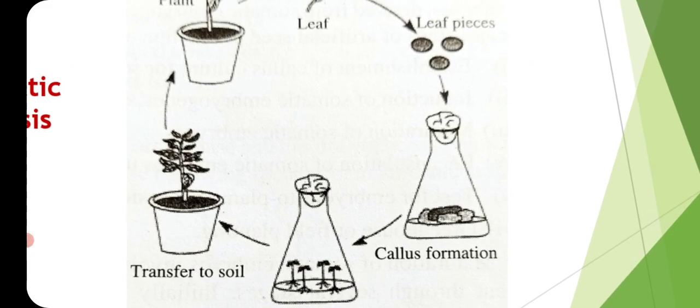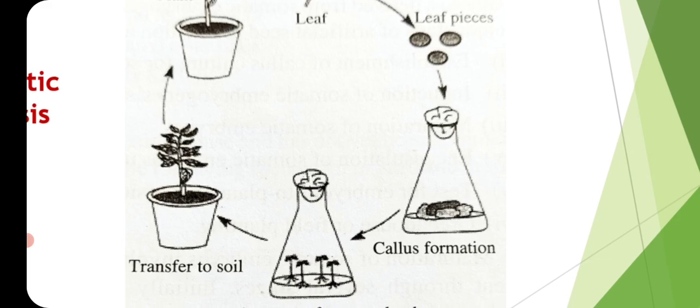Okay. So, here we can see this plant, the leaf is there and leaf pieces, and we are incubating the leaf pieces, and as a result callus formation. And in this particular medium we can see the more amount of auxin is there. So, we can see from the callus some bits of tissue which becomes embryogenic clumps, not just increasing the callus size, it will turn into embryogenic clumps.